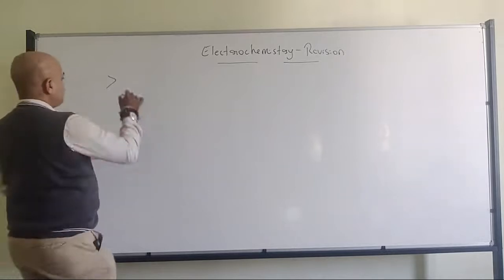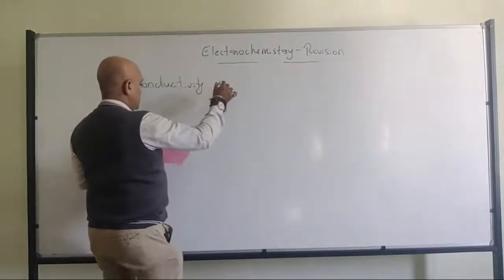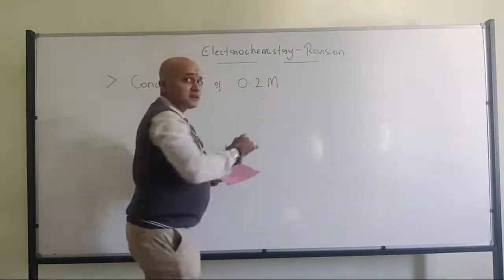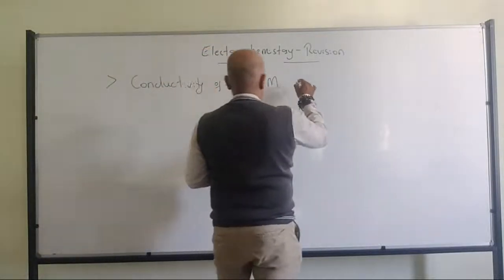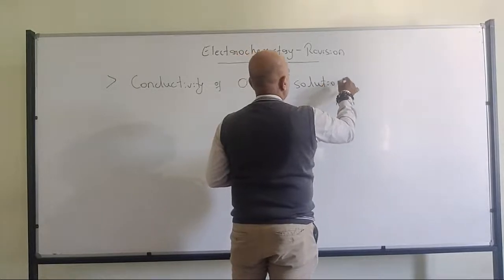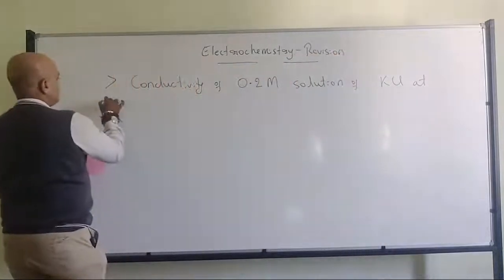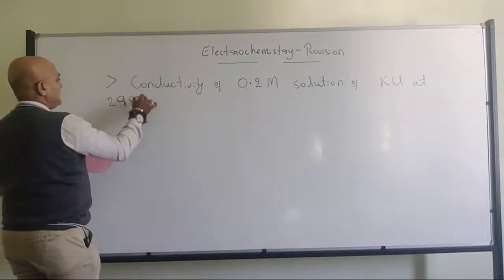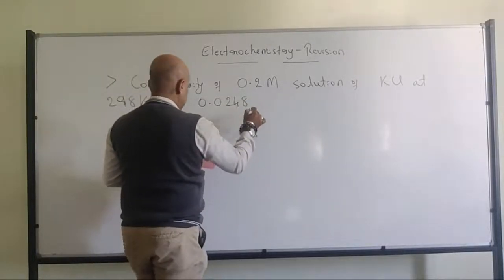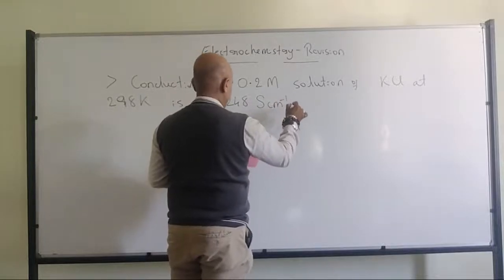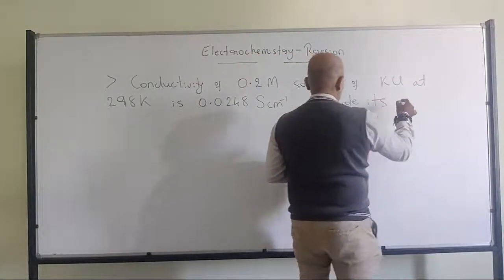First one: the conductivity of a 0.2 molar solution of KCl at 298 Kelvin is 0.0248 Siemens per centimeter.